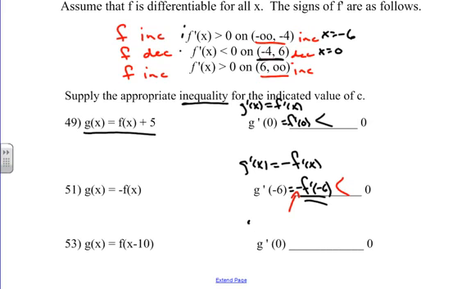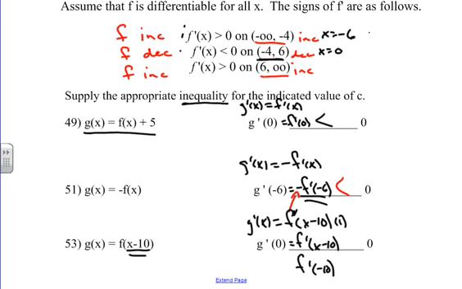Let's find the derivative of this g of x. We have to use the chain rule because we have a composite function. It will be f prime of x minus 10 times the derivative of the inside, which equals 1. So this would essentially equal f prime of x minus 10. We're plugging in 0 there, so we're looking at f prime of negative 10.